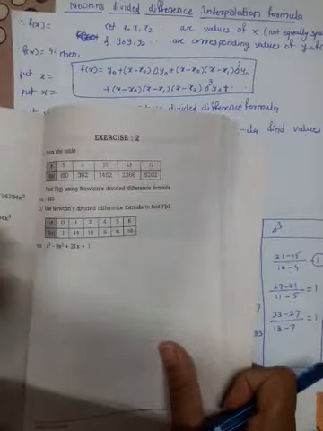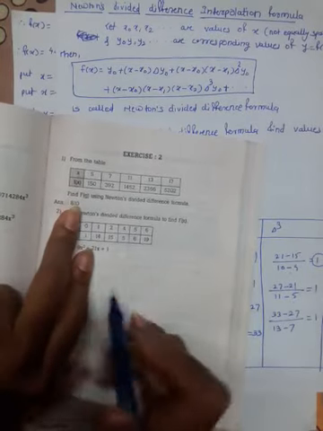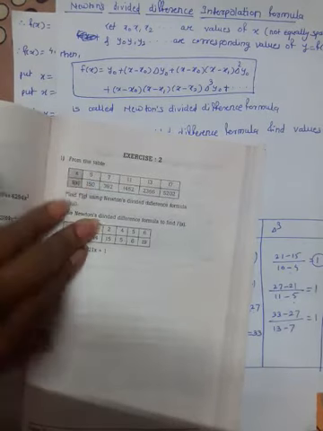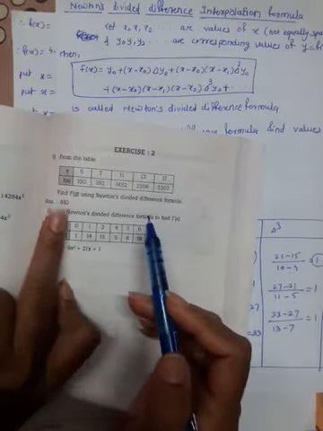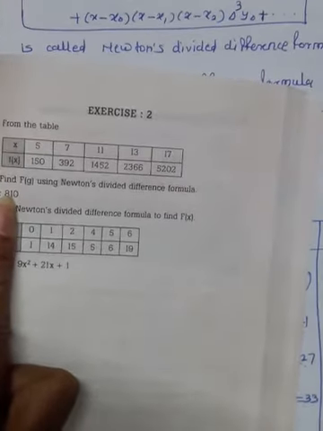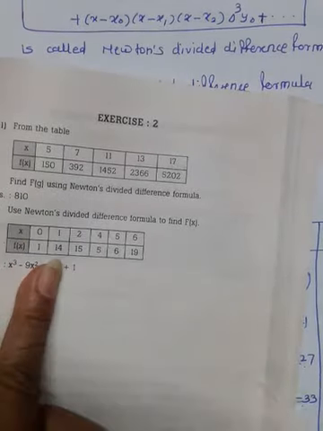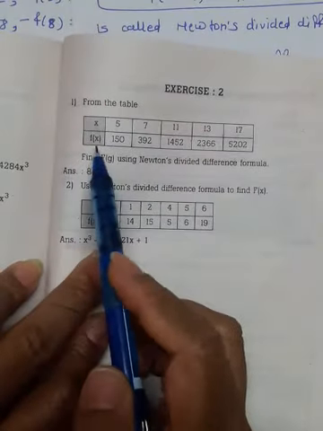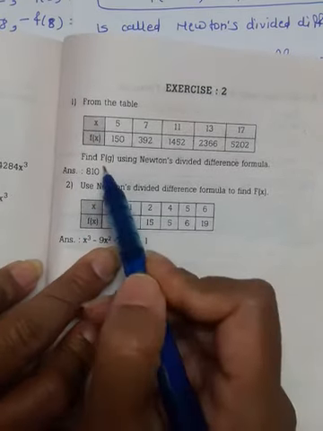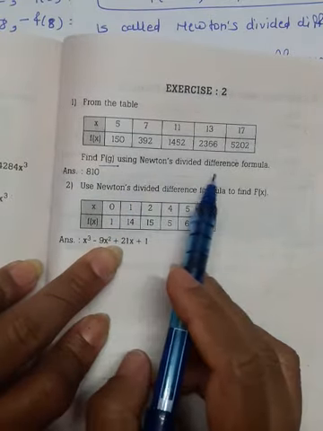One more example homework. Same, I think. From the following table, x is given, f of x is given. Find f of 9 using Newton divided difference formula.